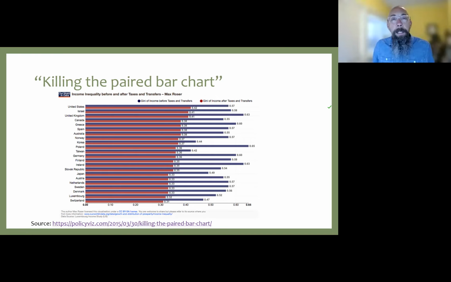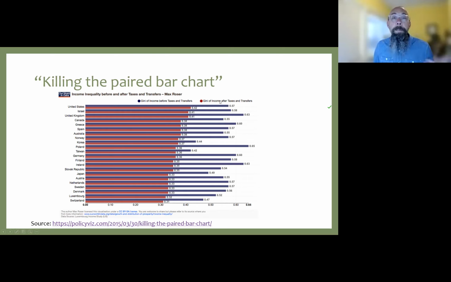There's a point at which any chart ceases to be useful. And when you start to put so many different things on it, you can't expect it to stand up to anything, right? So this chart becomes cumbersome to look at because there's paired bars. So we've got the Gini, the income inequality measure, of income before taxes and transfers and after.